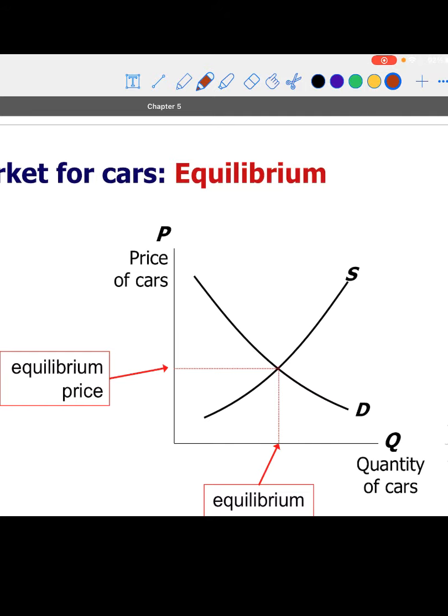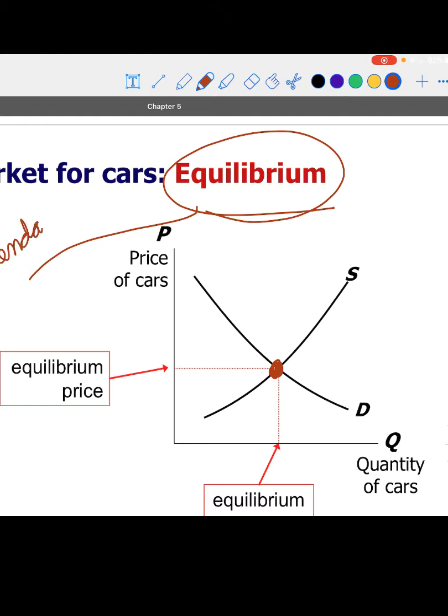Now, economists, with that supply curve and demand curve, are going to focus most often on the equilibrium where supply and demand meet, because that's going to determine the market price. Equilibrium as a term has a meaning of no tendency for change.